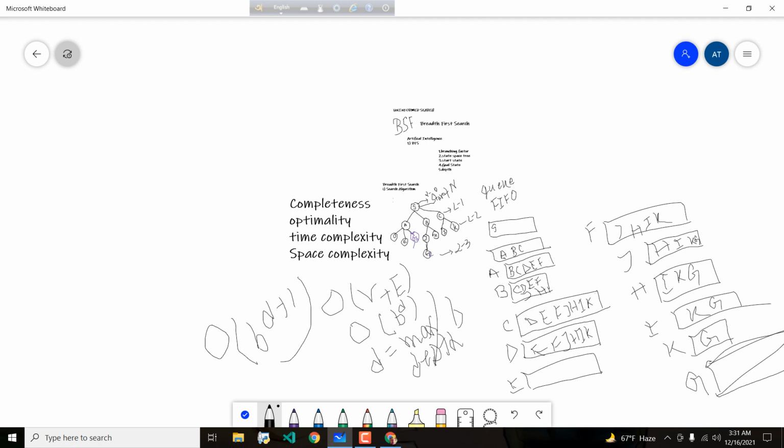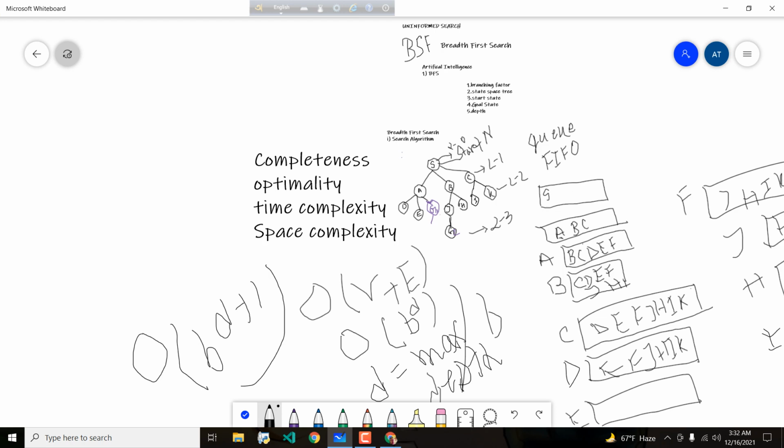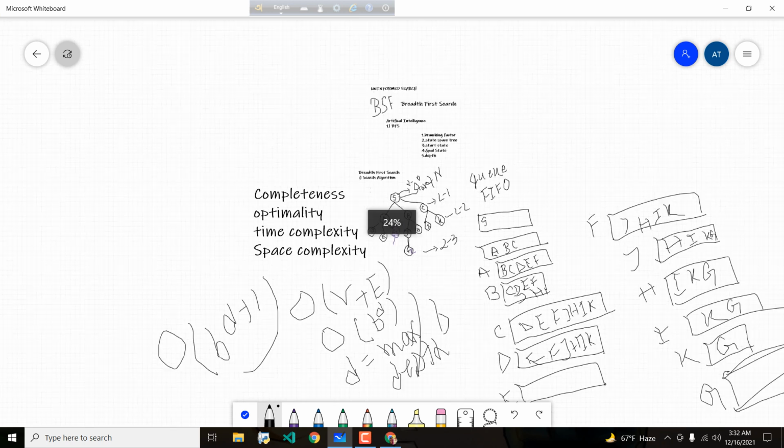Then why are we not always using BFS in terms of research and higher AI research? We don't use it because BFS has an exponential space complexity, whereas DFS has a linear space complexity.